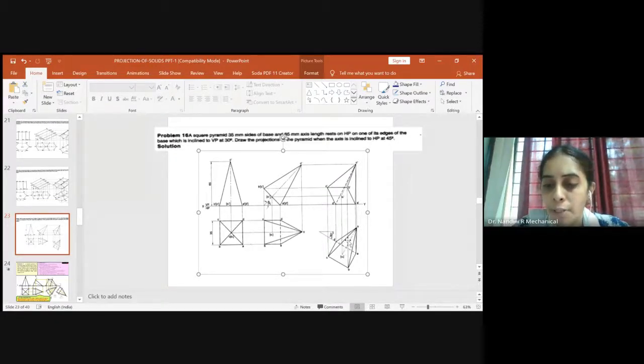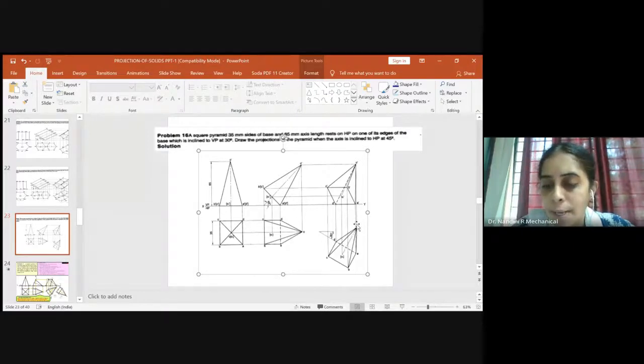Once you get the perpendicular line, you measure the distance from O1 to O, what it is. Once you measure this distance, you keep one end of the compass here and just cut an arc. Where it meets, you name it as O. So now you got the axis distance.